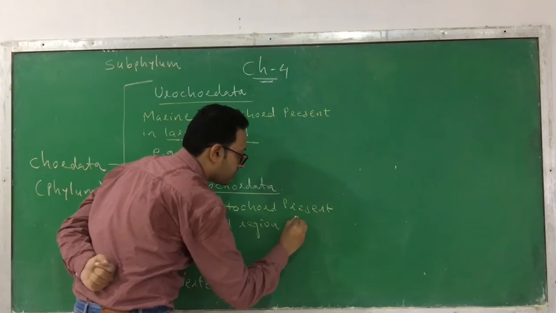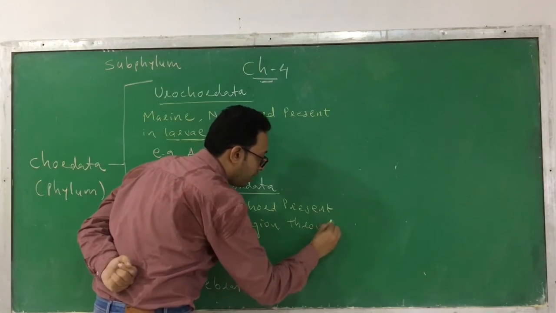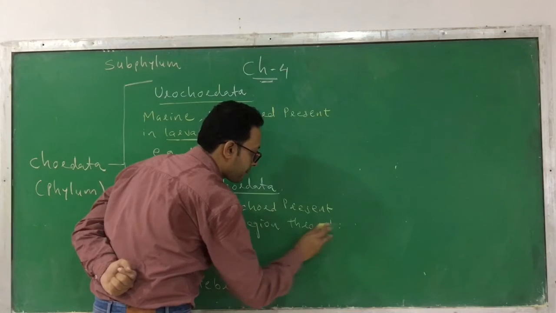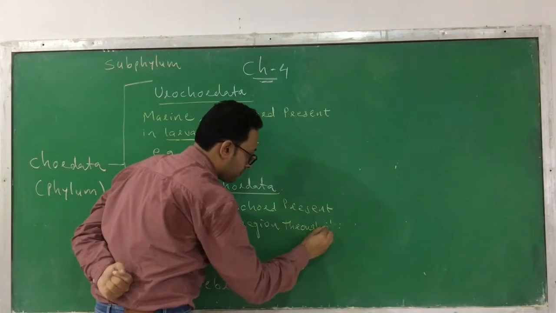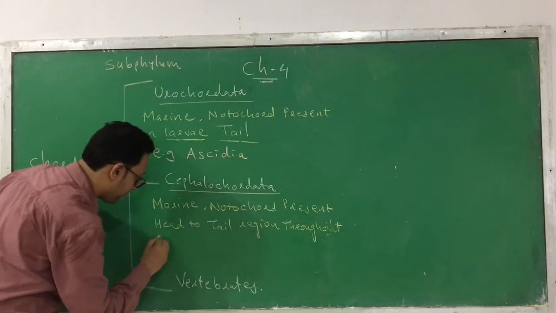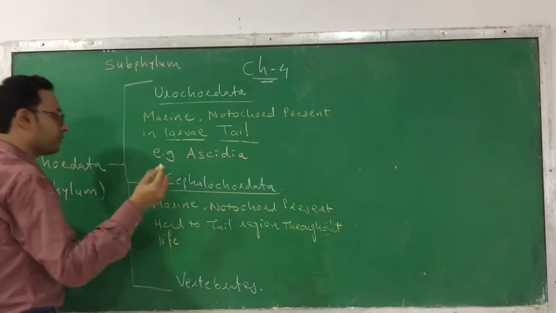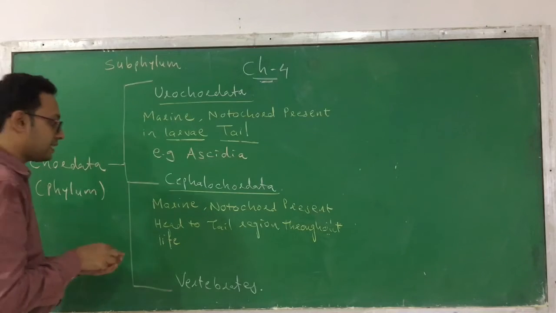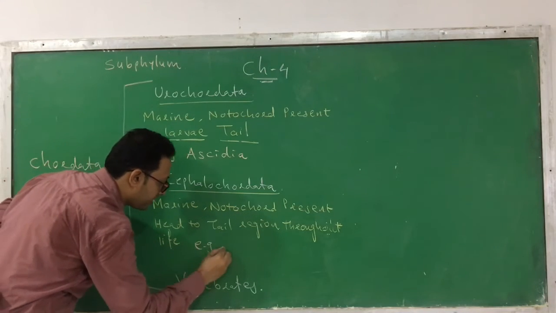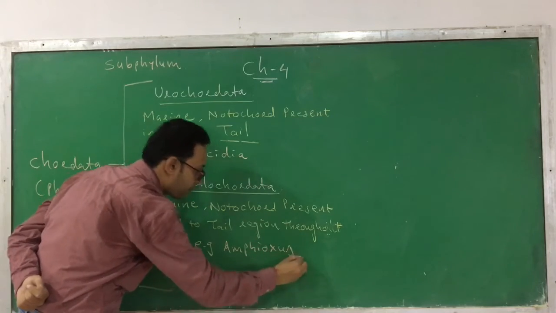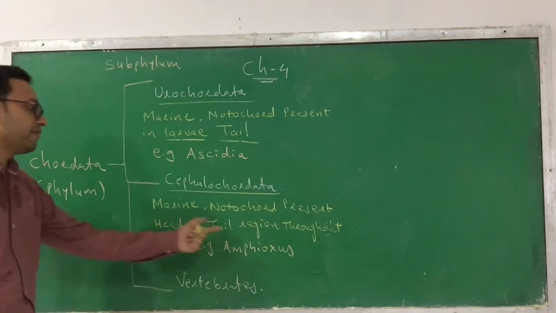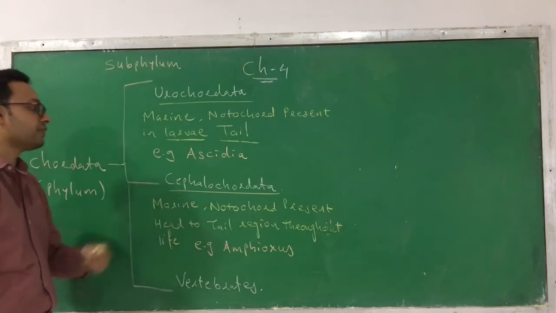So you can say that it is present throughout the life. The example of this Cephalochordata is Amphioxus.